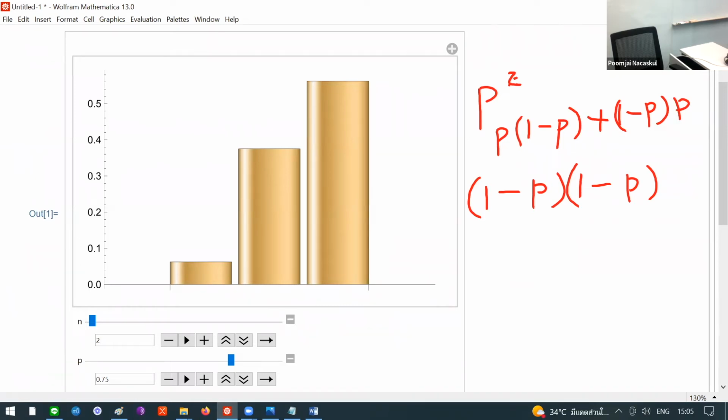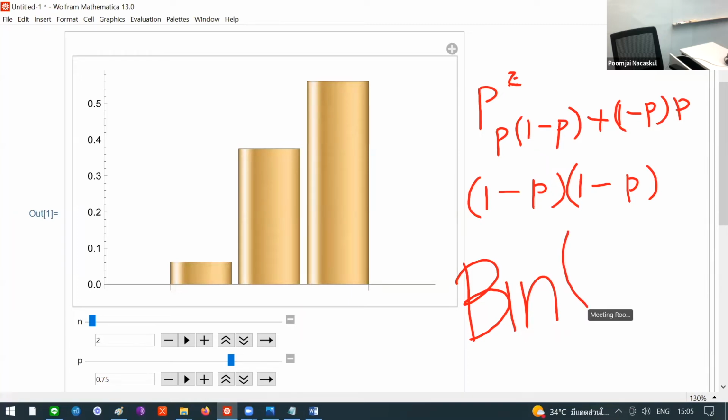By the way, you notice the same thing happening, front, back, front kind of thing. That's why if you start with Bernoulli, but you do it more than once, this is called binomial. Because this front, back, front is from the binomial theorem.